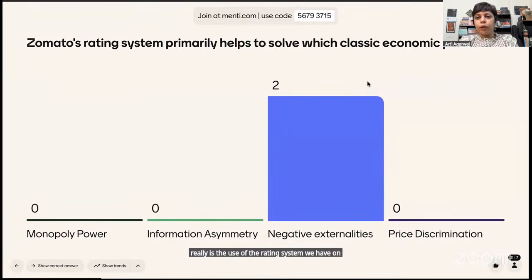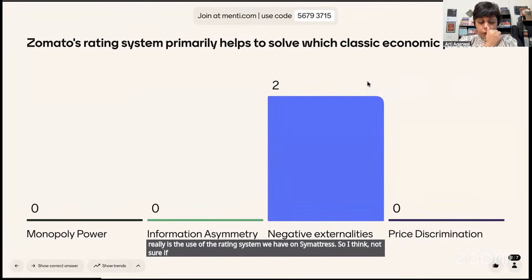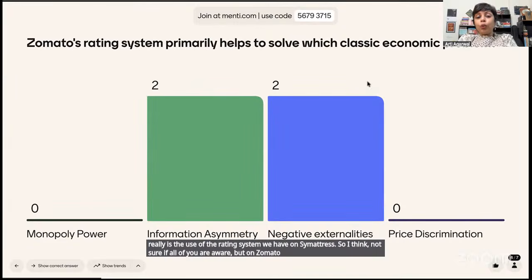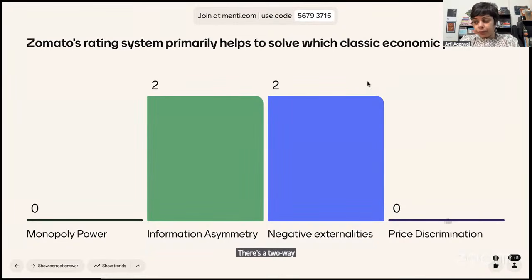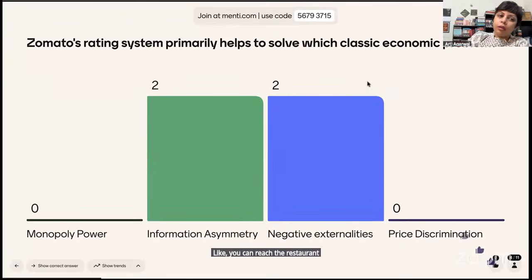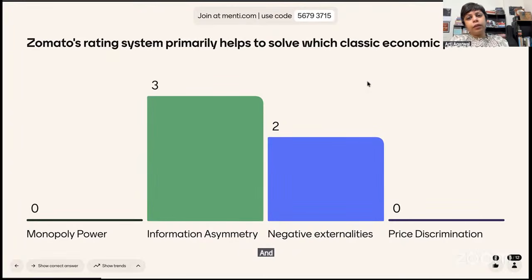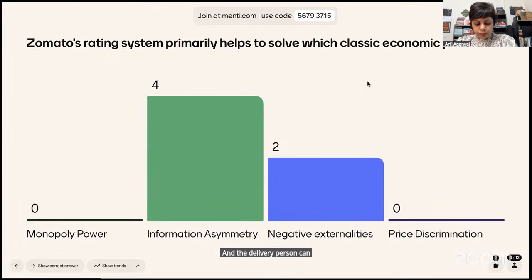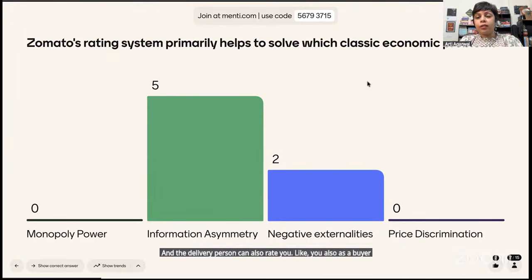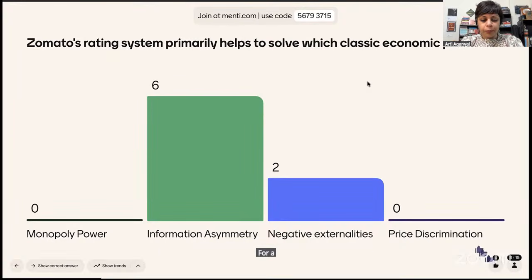I'm not sure if all of you are aware, but on Zomato, there's a two-way rating system. You can rate the restaurant and your delivery person, and the delivery person can also rate you. As a buyer or a customer, you also get a rating. So the rating is actually two ways.